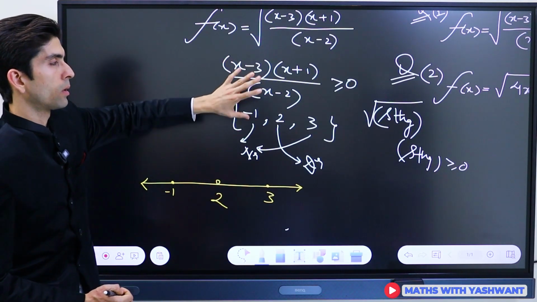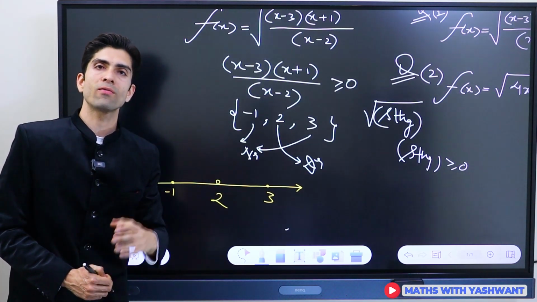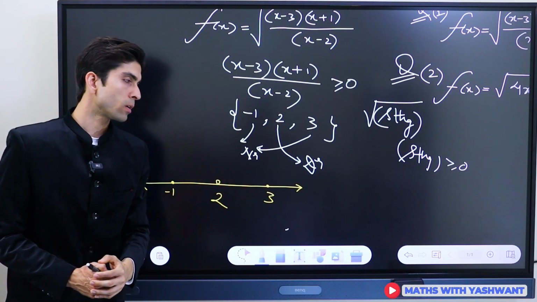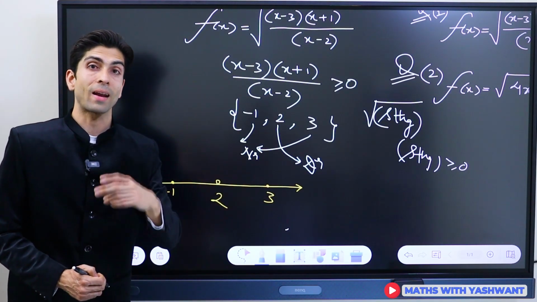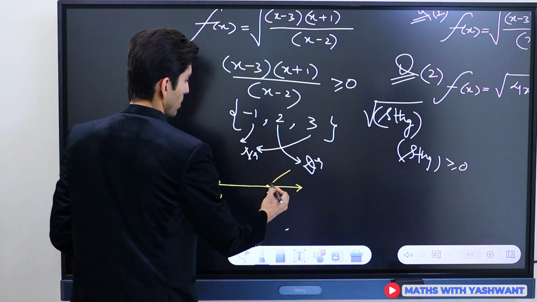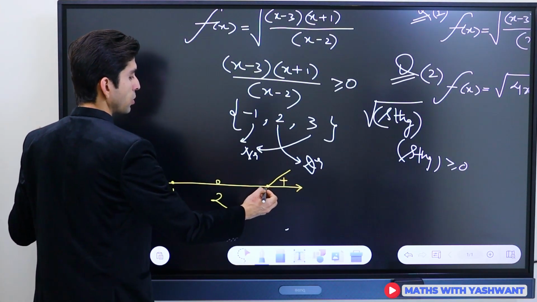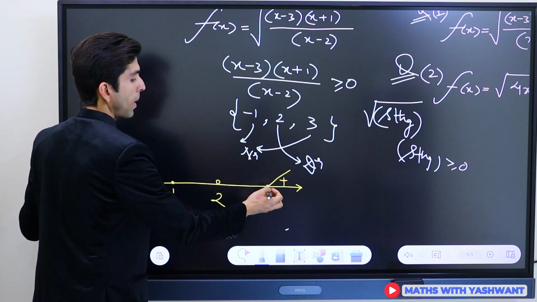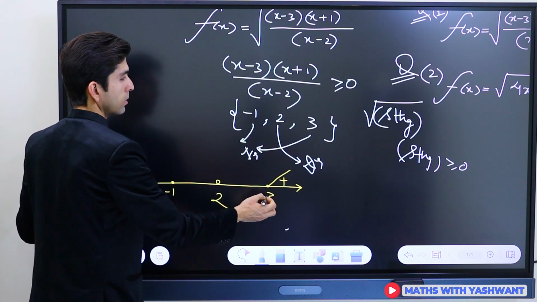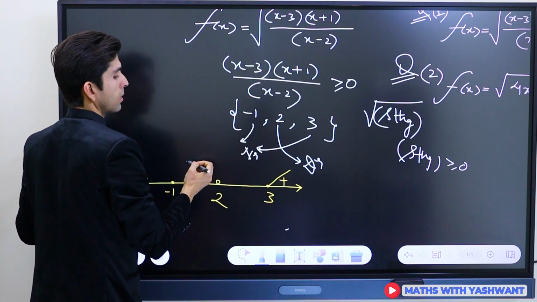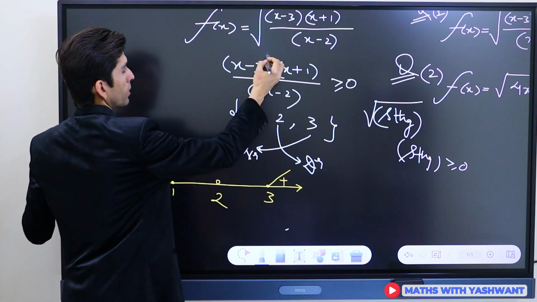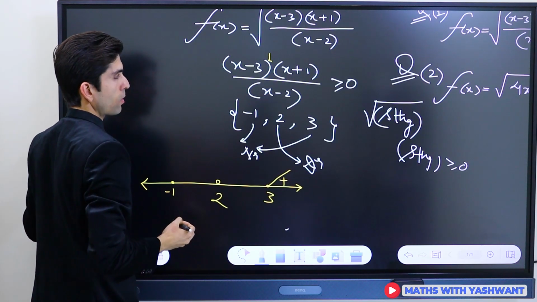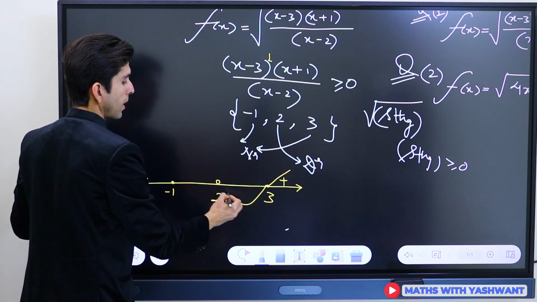Now, because this expression belongs to case 1 of the wavy curve, we start drawing the curve from the right side of the rightmost critical point and above the number line. Reaching 3, we decide to change the sign or not depending on the power of the linear factor. The power of the linear factor x minus 3 is 1, which is odd. So when we have an odd power, we change the sign from positive to negative.